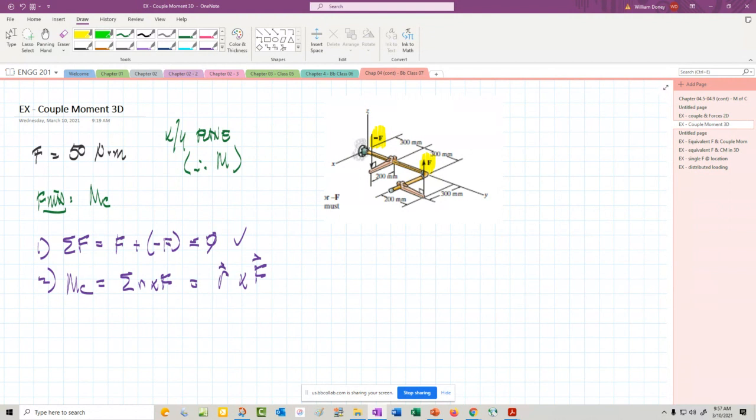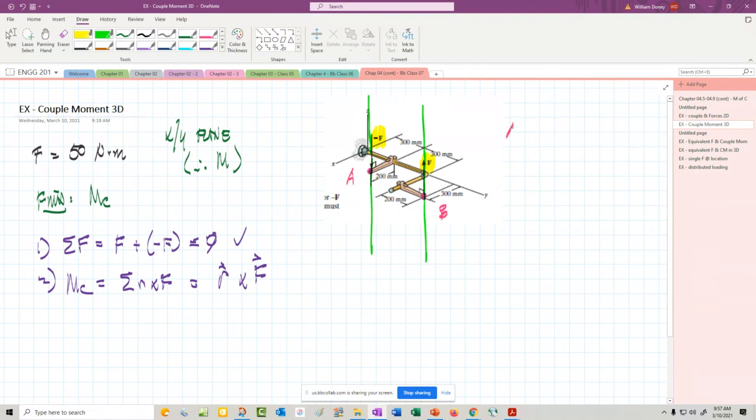All right. So we have to find a point on the line of action. Again, the lines of action are here and here. So we need to find some points. Let's find this point here, and we'll find this point and see if there's one better than the other.